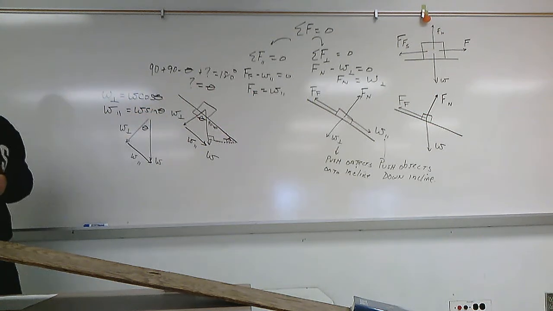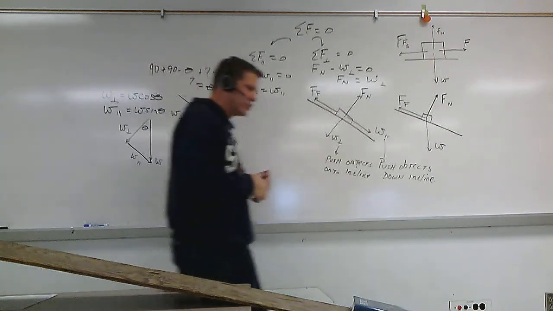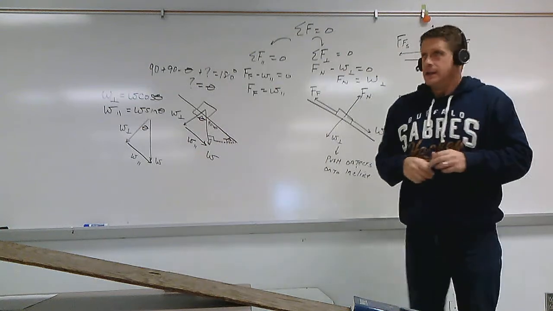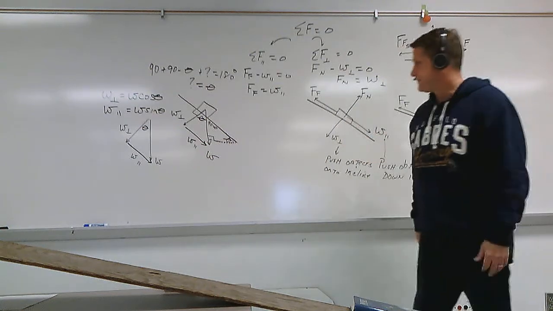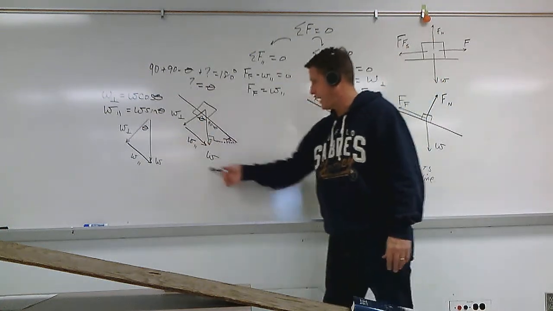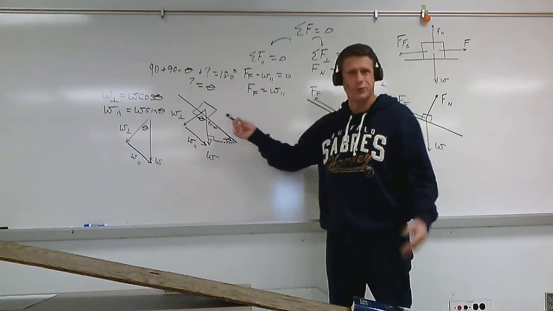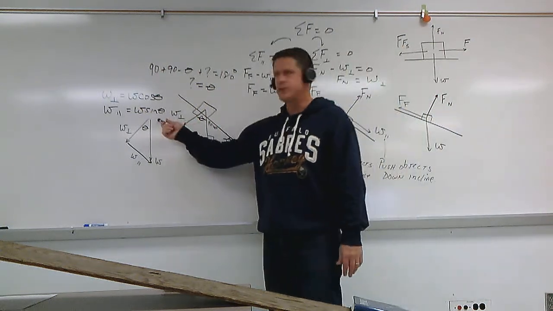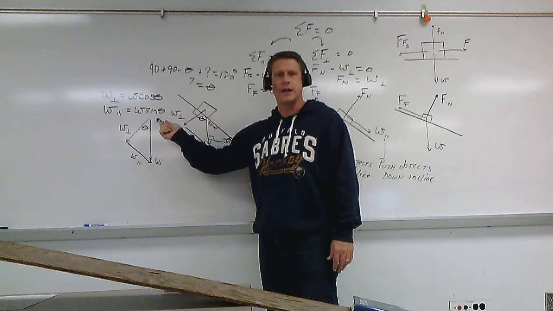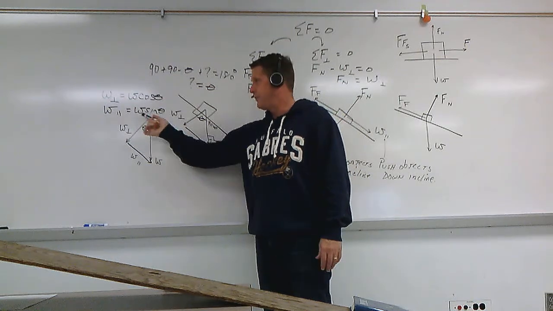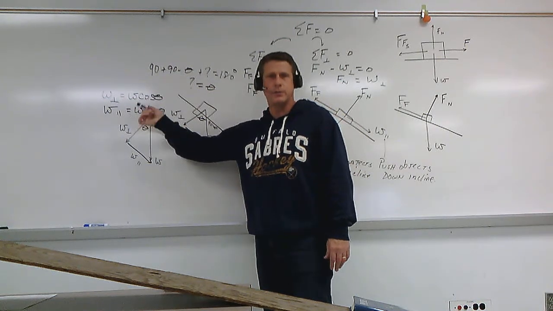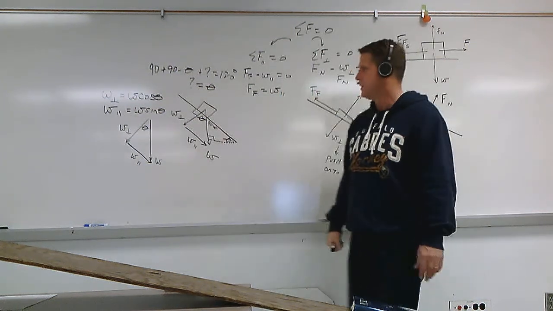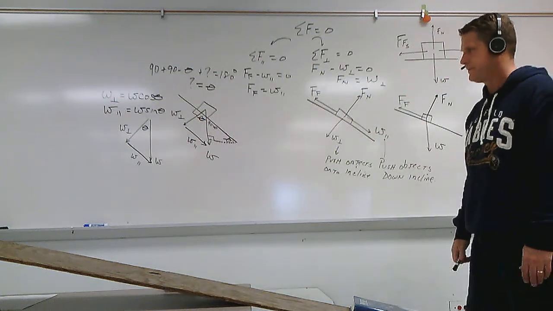And we don't have to memorize much in this class, but you've got two options here. You can either understand how to duplicate this proof, which is doable, or you could just understand or memorize that W sine theta is equal to our parallel component and W cosine theta is equal to the perpendicular component.